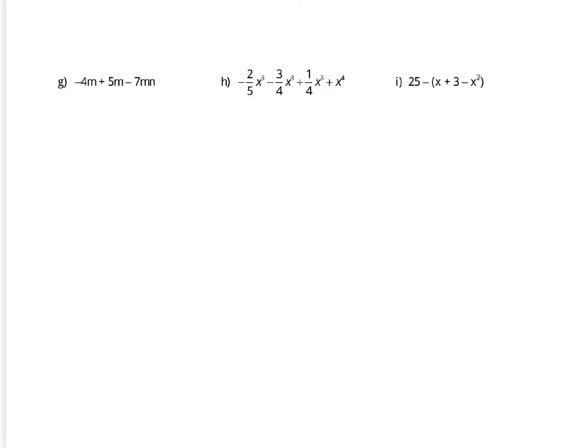Now I have 2 coefficients that do not have common denominators. So we're going to have to find those common denominators. And notice the common denominator between 5 and 4 is 20. So I'm going to keep the x cubed with each and the signs all the same. Now, how did 5 go to 20? We multiplied by 4, so this would become negative 8.